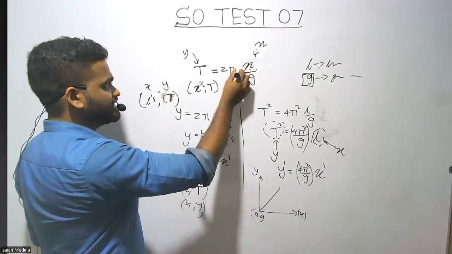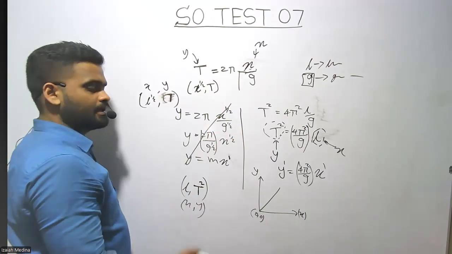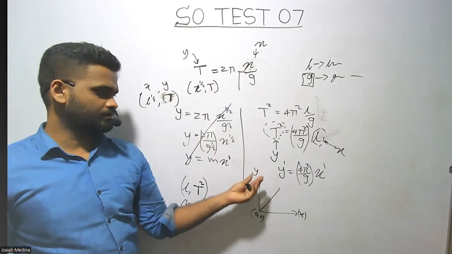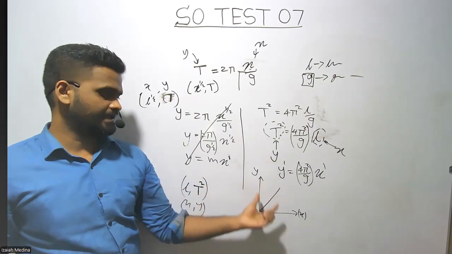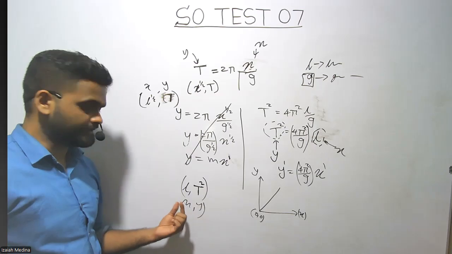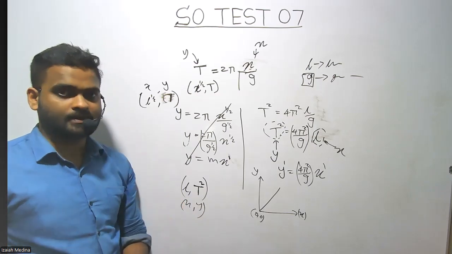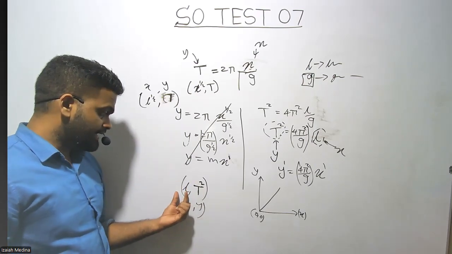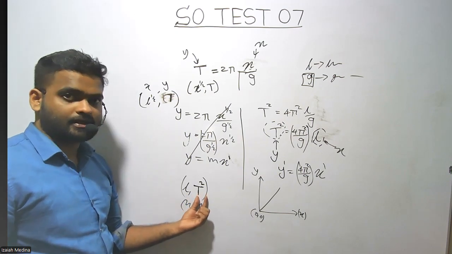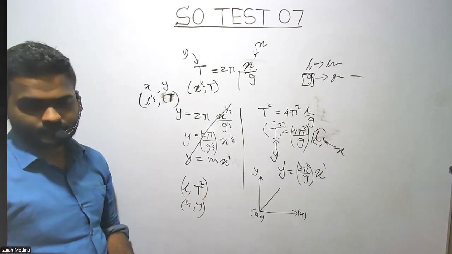Then again you will get a linear graph. But it is a bit difficult to work with the roots. That's why we just square both sides and choose these as the x and y axis. This is the independent variable and this is the dependent variable, right? Okay.